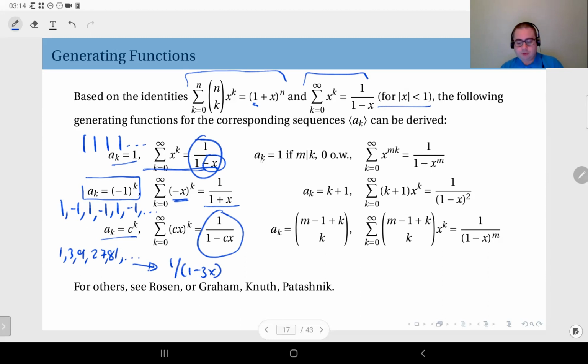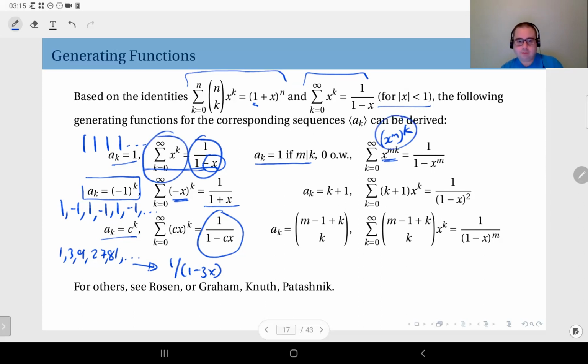Or if your sequence is 1 only when k is a multiple of some integer m, then your powers will be again multiples of m, and the generating function will be 1 over 1 minus x to the power m. Well, this is simply x to the power m raised to power k, and in this expression, x is replaced by x to the power m.